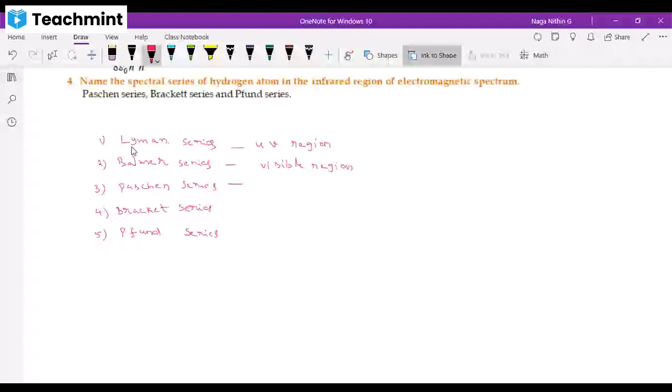This will be near infrared region. Next, this will be middle infrared region. This will be far infrared region. Am I understanding?